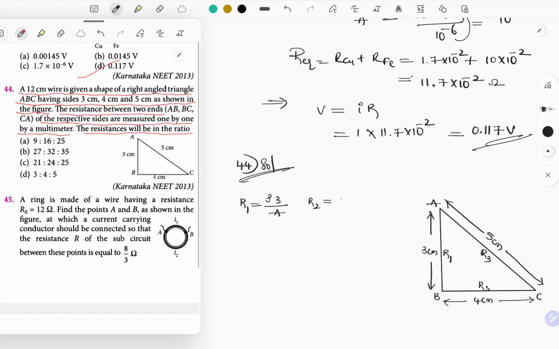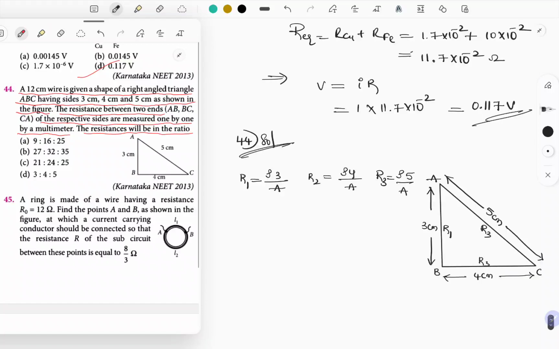R2 is equal to rho L by A. R3 is equal to rho L value is 5 centimeter divided by A. Okay, so this is the value of resistance of the wires AB, BC and CA respectively. Now the thing they are asking is resistance between AB, BC and CA. Let me replace this in terms of resistors. The circuit looks like this.